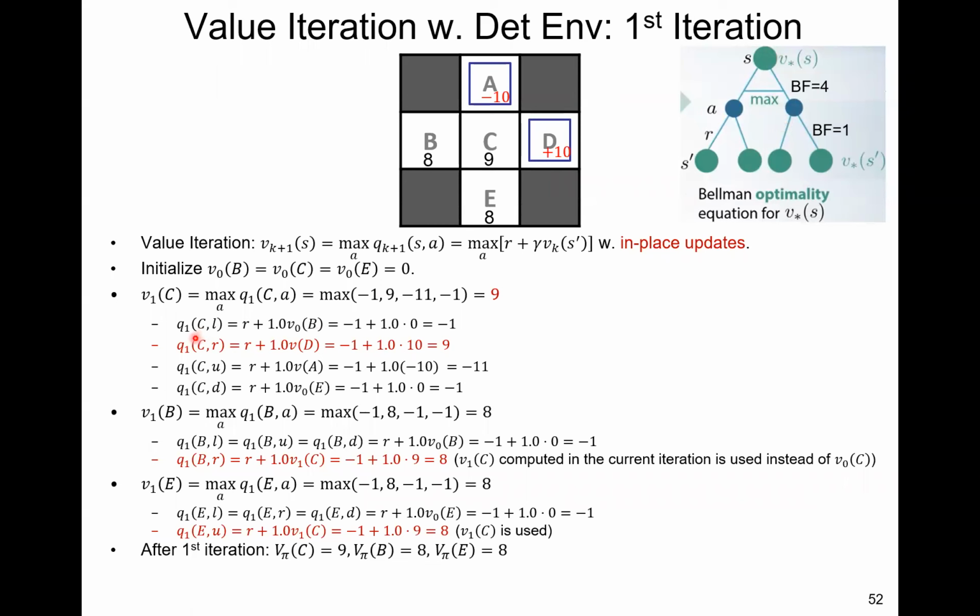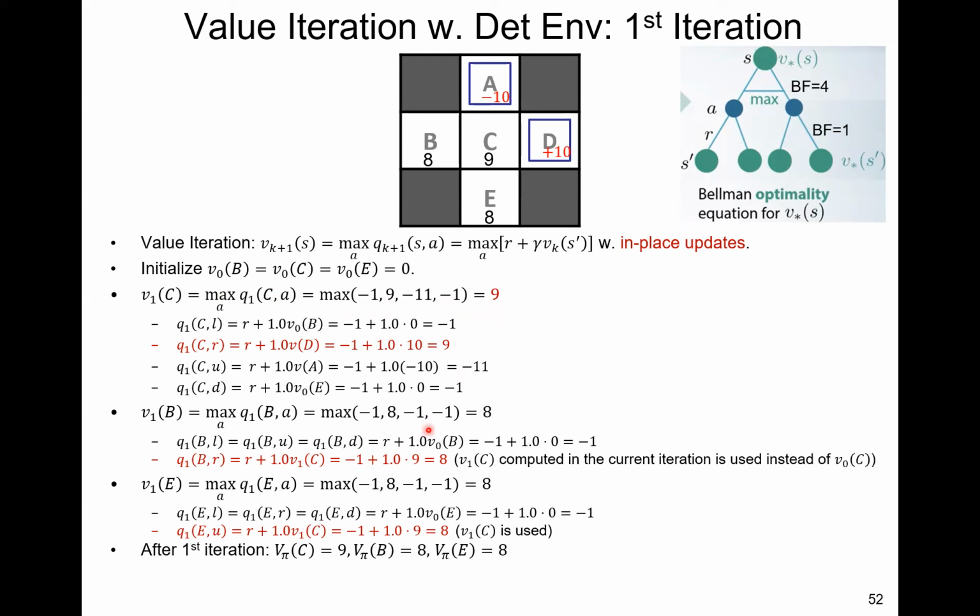So you compute the Q value functions the same as before, except now for the V, instead of taking the expectation with the 0.25, the averaging of all the Qs, you take the max, which is equal to 9 for V1C.